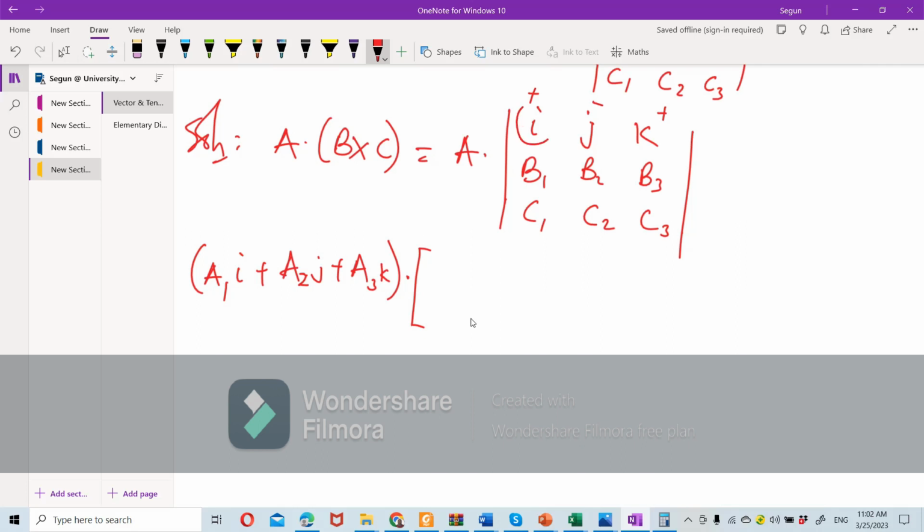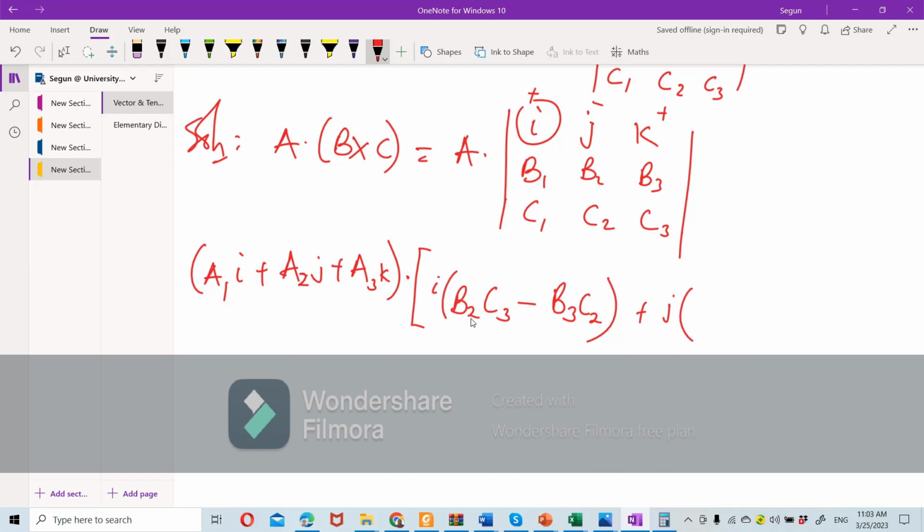I'm solving for i now, so the i row is removed. I have B2 multiplied by C3 minus B3 multiplied by C2. That finishes the i. Don't forget the next thing is plus j.